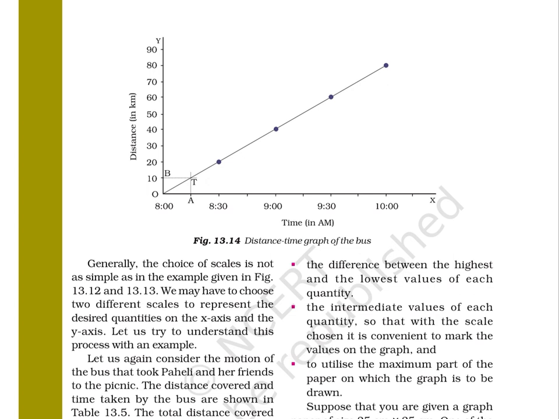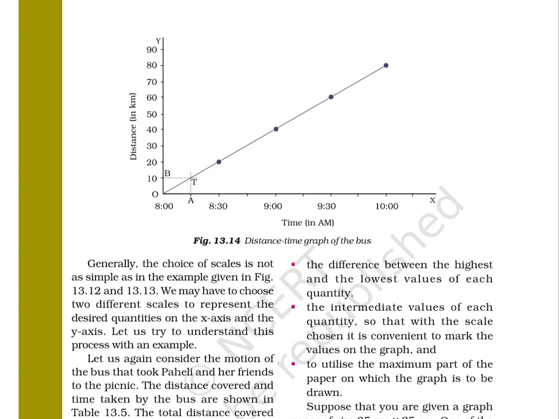The interval on x-axis is that of half an hour. There is an upward sloping line here. On the line, there is a point T. The point T tells us that at 8:15 am or point A, the bus covered a distance of 10 km, which is represented by point B.